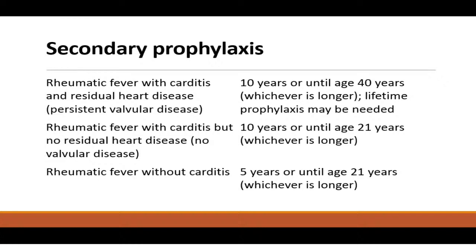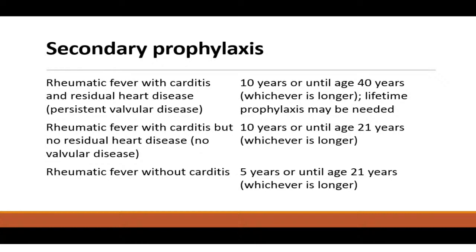So if a patient has rheumatic fever with carditis and residual heart disease, so persistent valvular disease, we need to make secondary prophylaxis for 10 years or until age of 40 years. Sometimes in some patients we need lifetime prophylaxis.